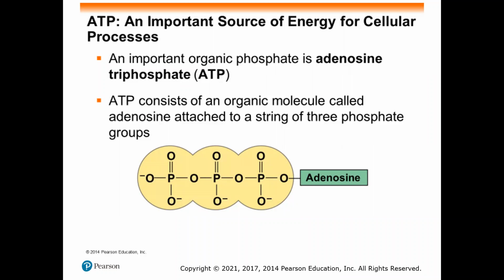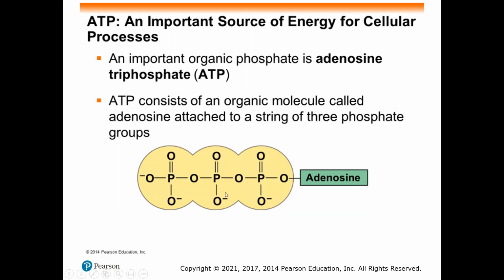A more complicated organic phosphate is ATP, adenosine triphosphate. This organic phosphate molecule is worth mentioning here because its function in the cell is so important. It's produced by mitochondria. These are molecules that store energy in their bonds.